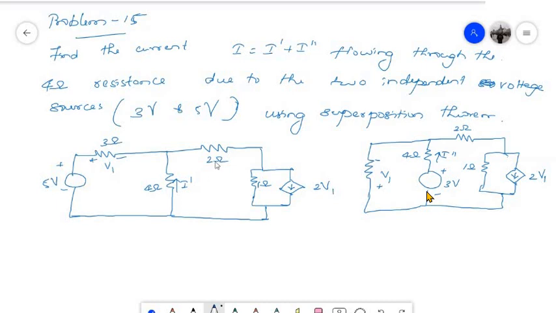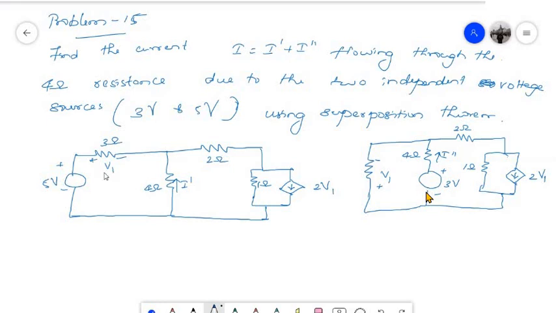Yeah, we have all the required data. So 2 circuits are there. In the circuit, the circuit is the same, but here I am using the 5 volt source and here I am using the 3 volt source.